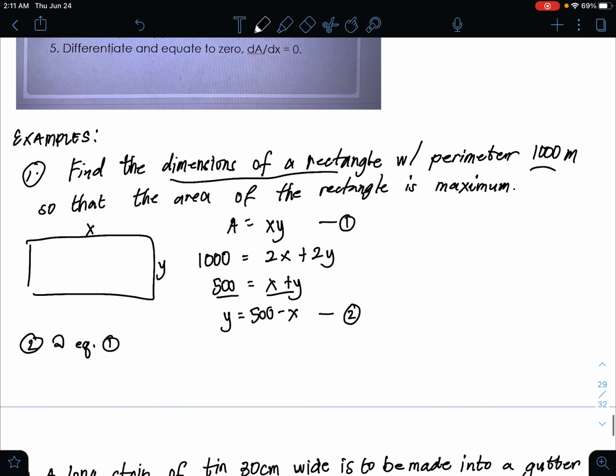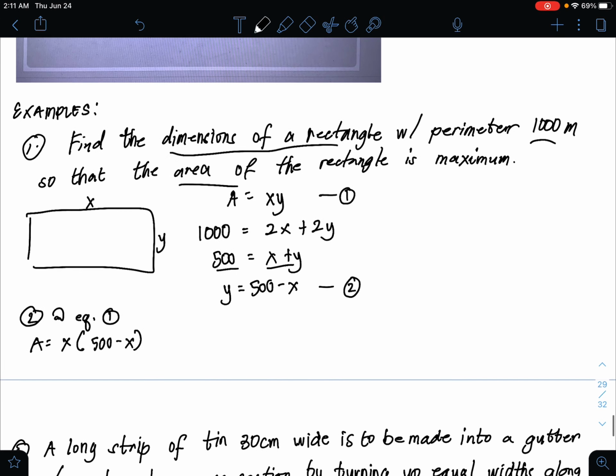So, therefore, area is equal to x times 500 minus x. So, therefore, ang atong goal was to let the area in terms of x.